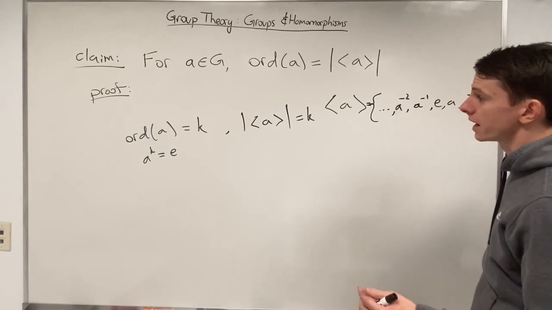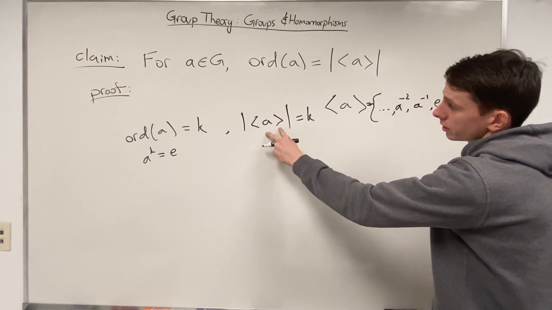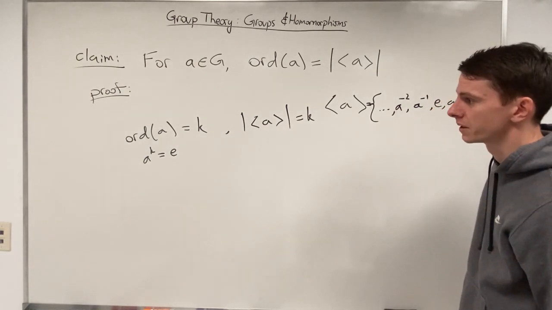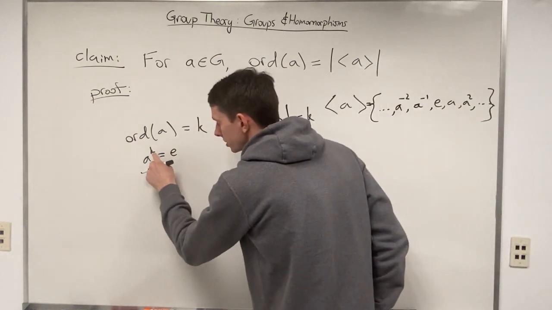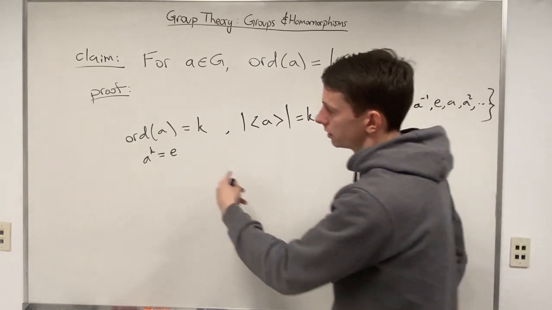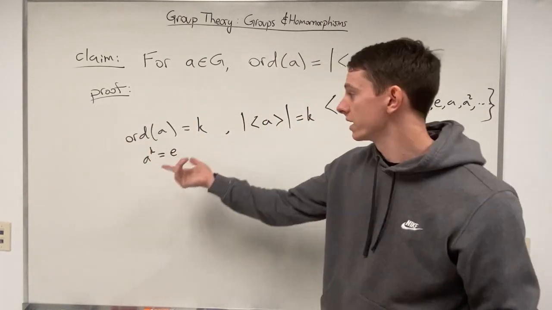First thing is that we know that the order of the cyclic group cannot be smaller than k, because k was the smallest value that we could raise this element to and get back to the identity. It was defined that way in the order of an element.